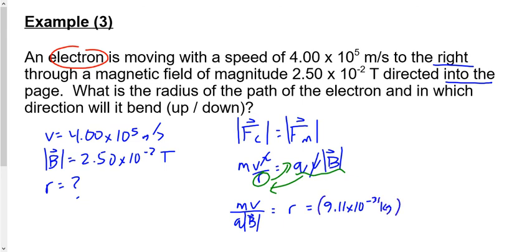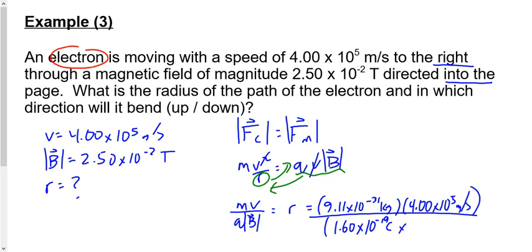We got a speed of 4.00 times 10 to the 5 meters per second. Divided by the charge of the electron, which is 1.60 times 10 to the minus 19 coulombs. Multiplied by the magnetic field strength, which is 2.50 times 10 to the negative 2 Tesla. Do the math there. Should work out to be 9.11 times 10 to the minus 5 meters.